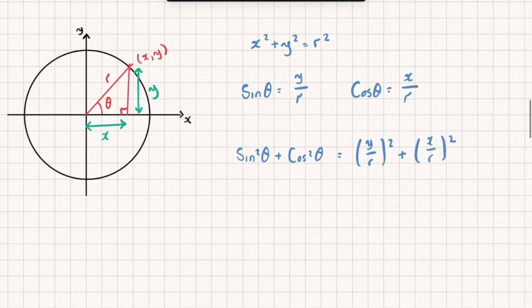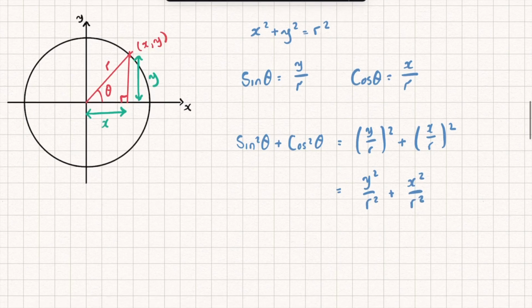Let's now expand these brackets, and that gives me y squared over r squared plus x squared over r squared. Because I'm adding these fractions and the denominators are already the same, all I need to do is add the numerators together. So I get y squared plus x squared all over r squared.